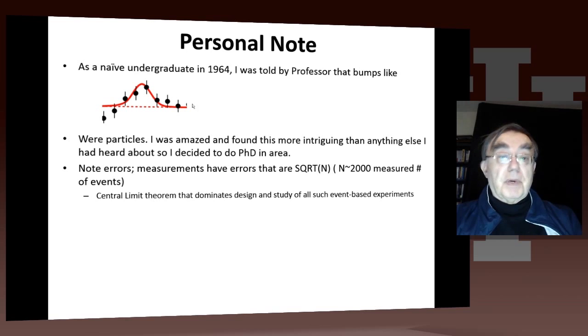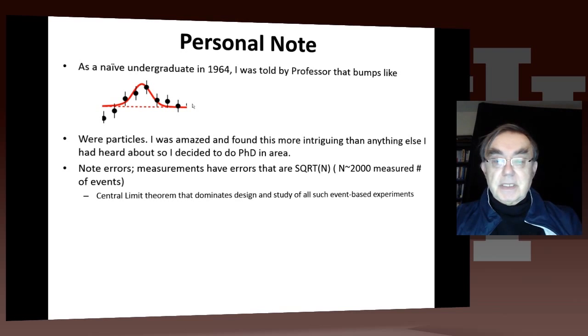That lecture was one of a few at that time which actually convinced me to do my PhD in this area, because I felt the other lectures, which would always, as far as I could see, be solving the Poisson's equation, del squared phi equals plus or minus 4 pi rho, struck me as rather obvious. I understood them. They weren't very exciting, whereas this was staggering, bumps being particles.